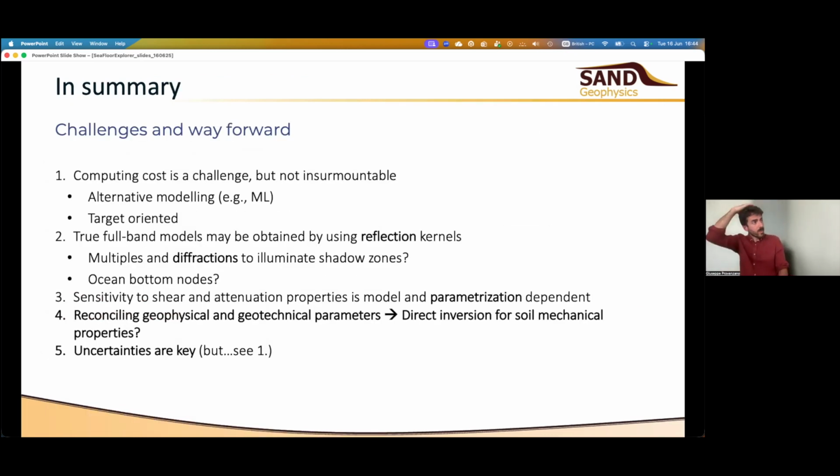So in conclusion, yeah, computing cost is a challenge, but it's not insurmountable, and it's an HPC problem. And if we convince the developers that this is worth it, then it can be a way forward. Reflection kernels should be used, and they are already, I'm sure, in industry, people are already using them.